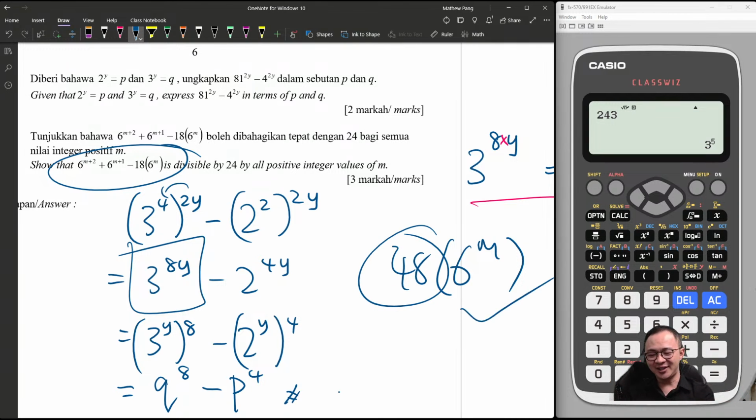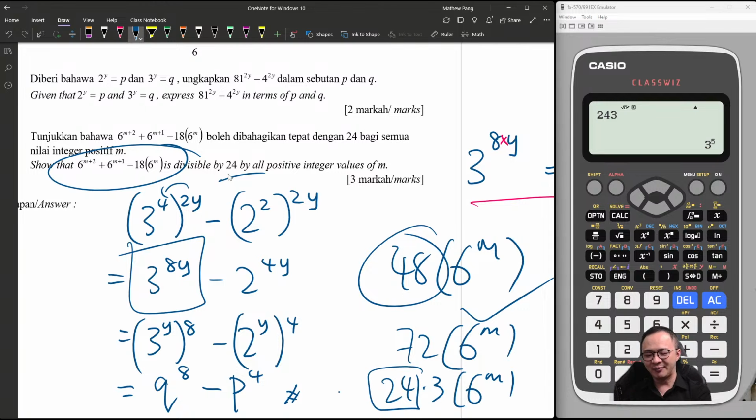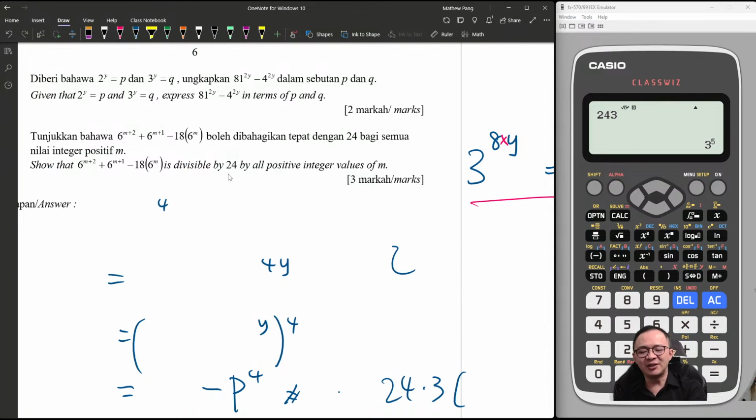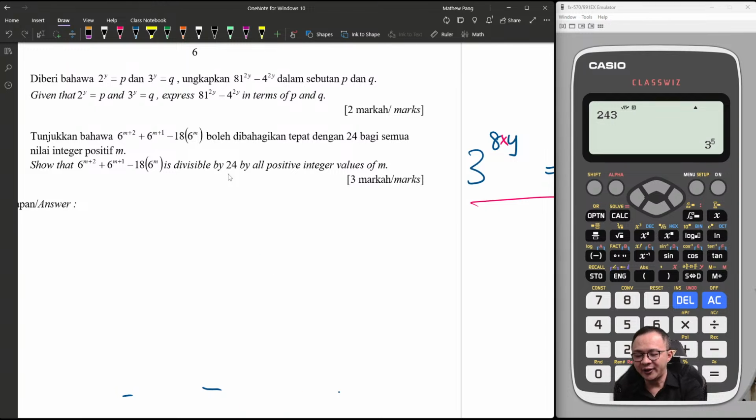Then this one is divisible by 24. Or 72 times 6 power m, then 72 I can still change to 24 multiplied by 3. So you can see this number can be divisible by 24. Let's do it together and see whether it's possible to get a multiple of 24 or not.